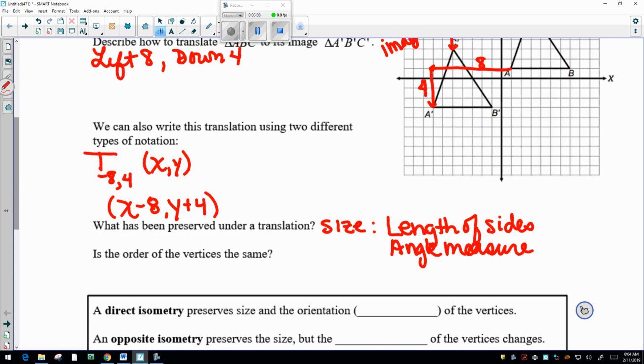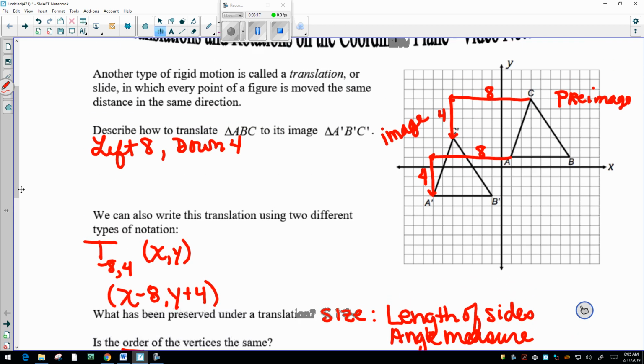Okay. And then this is a new one. It says, is the order of the vertices the same? So this order is called orientation. So if we go back up to this picture, we want to take a look at how the triangle is labeled. So if I start at our pre-image and I go in this counterclockwise direction, I can see that this triangle would be labeled A, then B, and then C. So I want to see, is the order the same?